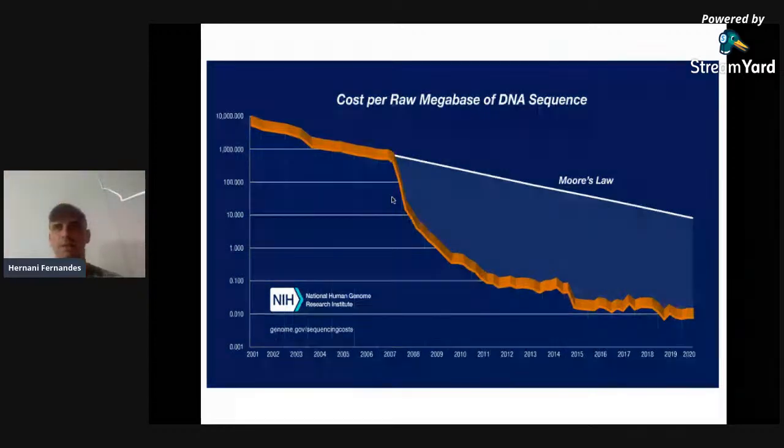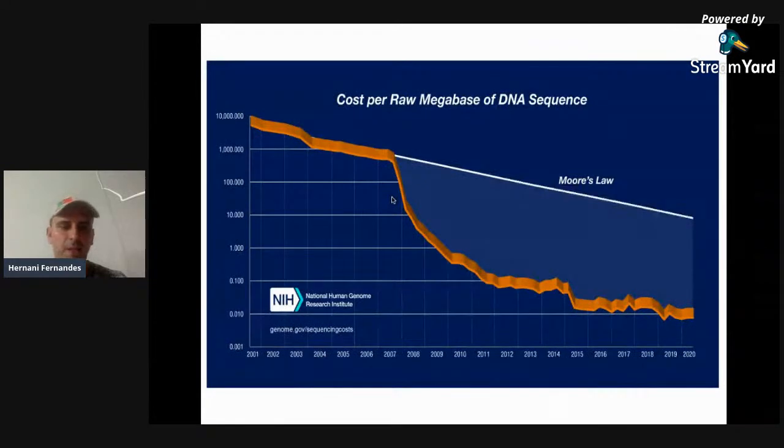But in general, the cost of sequencing DNA has considerably decreased over time, to a rate that now it's possible to sequence a quantity of DNA that 20 years ago would have been impossible, just because it would be too expensive.